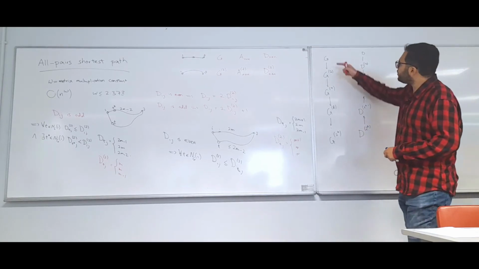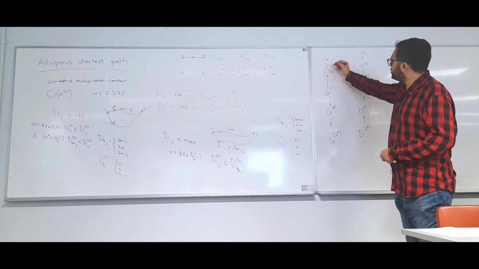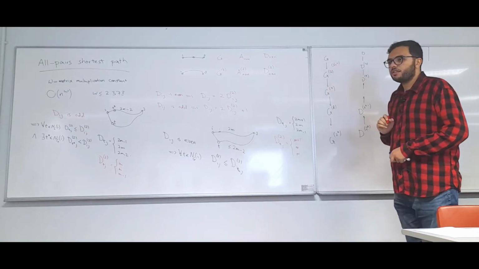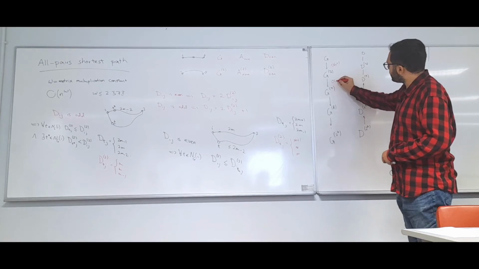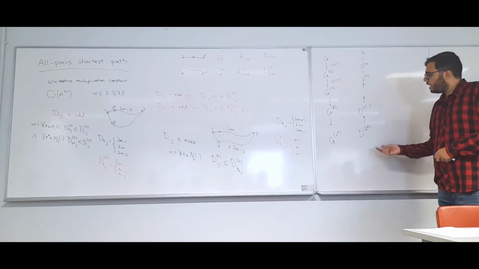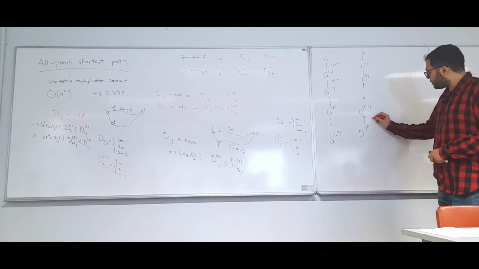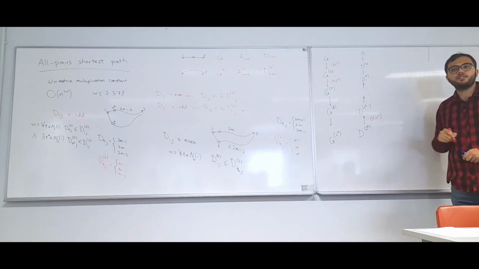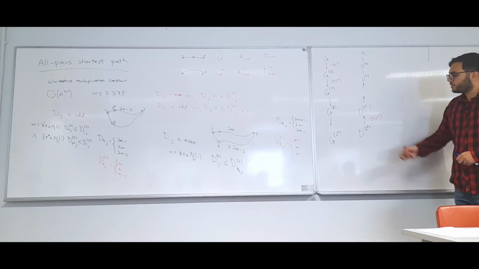Now, how much time am I spending? Well, every time when I go from G to G2, I'm spending n omega. And again, here I'm also spending n omega and so on. So every edge that goes down is spending n omega. And when I come back up, again, I'm spending n to the power of omega at every edge. Right? So what is the depth here?